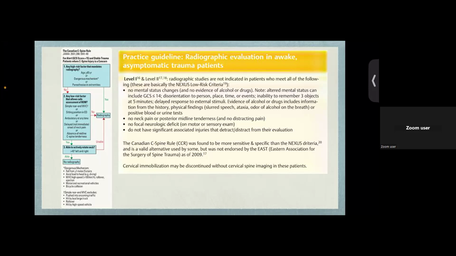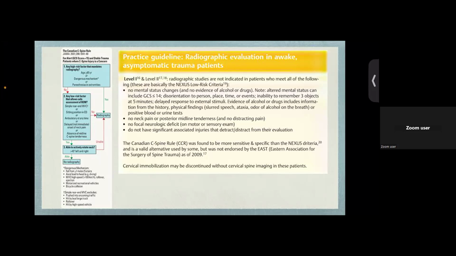So, any high-risk factor that mandates radiography: age more than or equal to 85 years, or a dangerous mechanism of injury, paresthesias in the extremities? Yes, radiography. If not, then you go down: are they at low risk? Any low-risk factor that allows safe assessment of range of motion.